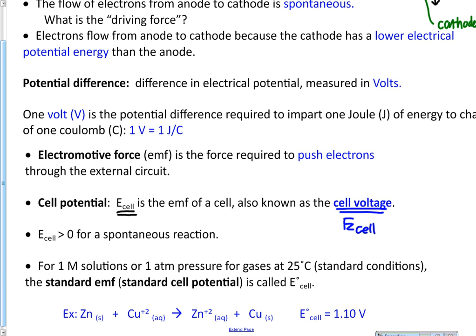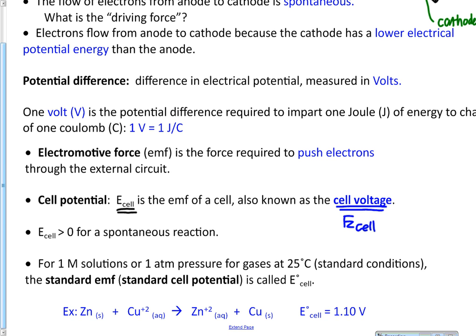Now, when we want to talk about what is a standard cell potential, you guys have seen this before, where we use this little degree symbol. When we are measuring a standard cell potential, it's just implying that we're at standard state conditions, which for solutions implies 1 molar solutions. If we're talking about gases, we're talking about 1 atmosphere of pressure at 25 degrees Celsius.